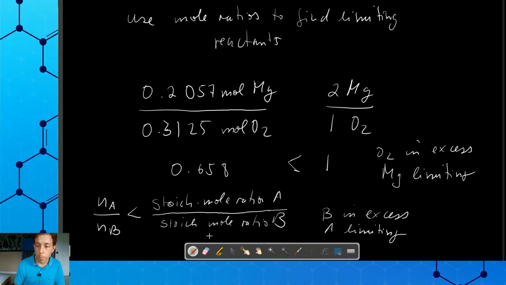And likewise, you can flip this upside down and do this the other way around.